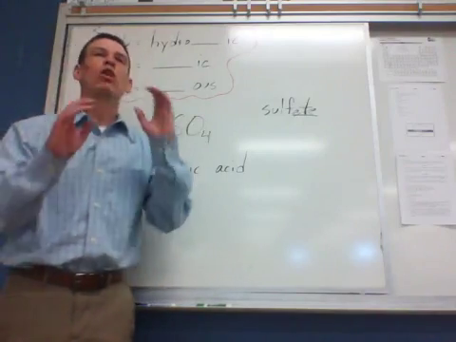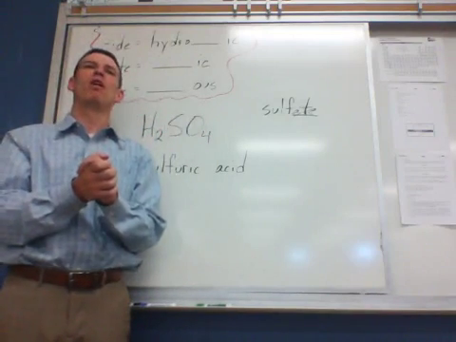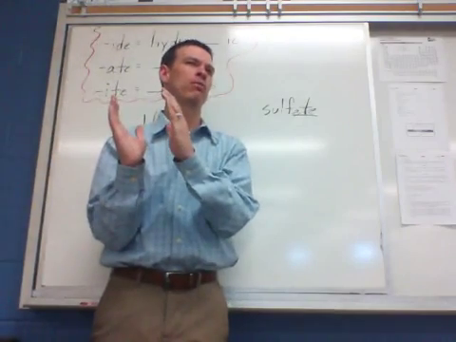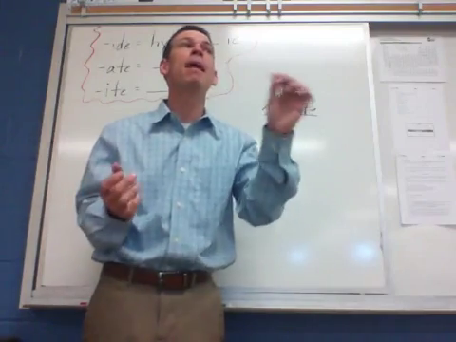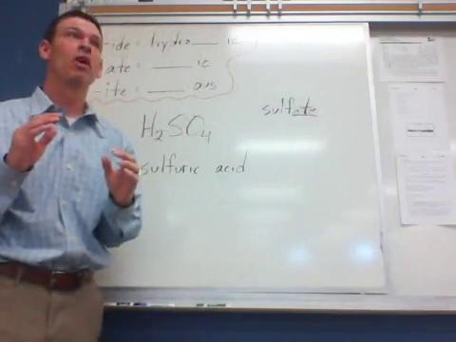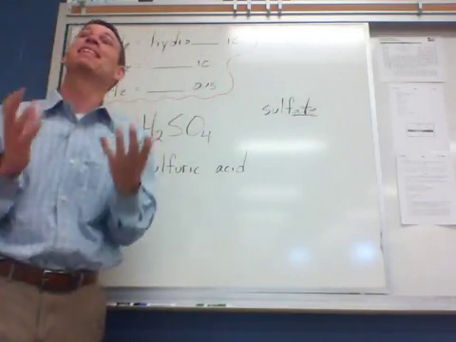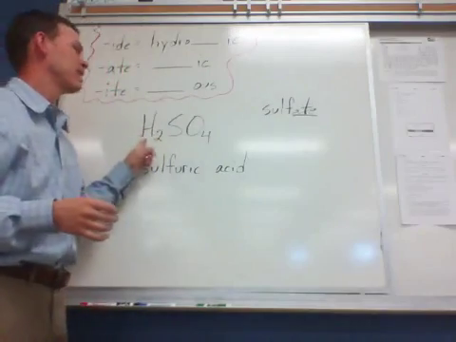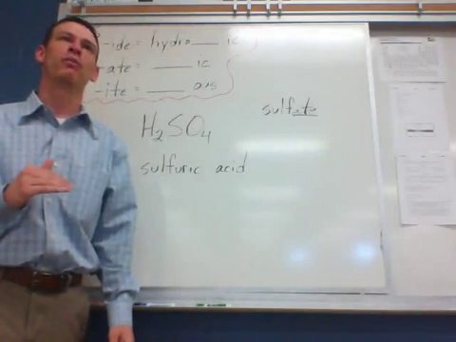Real quick, look back at our three examples. Just pull your head back so you can see all three of our first examples. How many of them start with H? All of them. They all start with H, right? How many of their names start with hydro? Only one of them. The biggest mistake that you make is you fall into this trap where, since they all start with H, your brain always wants to pick the answer that starts with hydro.